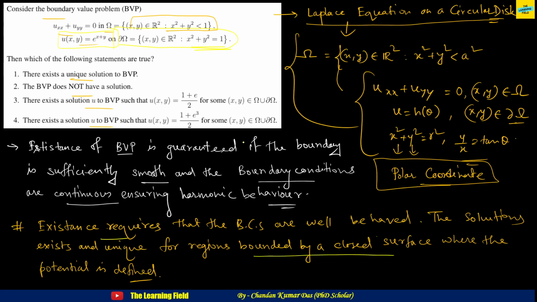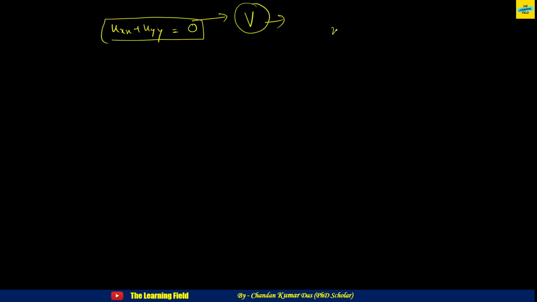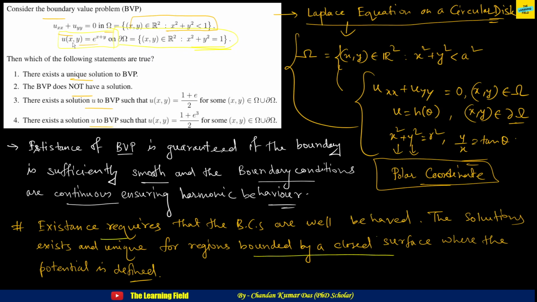See, here the closed surface in this case is x square plus y square less than 1. This is a closed surface, and on the boundary the potential u is also well defined, which is given by e to the power x plus y. That means the solution exists and is unique.